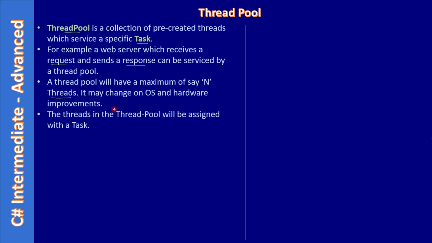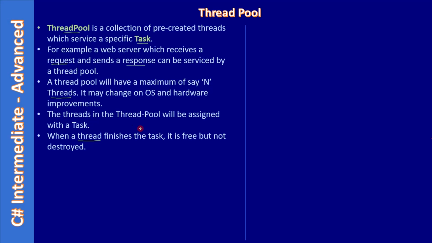The thread in the ThreadPool will be assigned a task. So as already told, a ThreadPool is a collection of threads, and a thread in a ThreadPool will be assigned a specific task. That means the task will be executed in a thread. When a thread in the ThreadPool finishes the task, it is free but not destroyed.